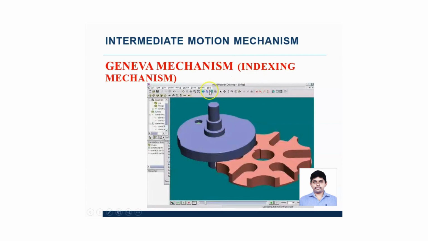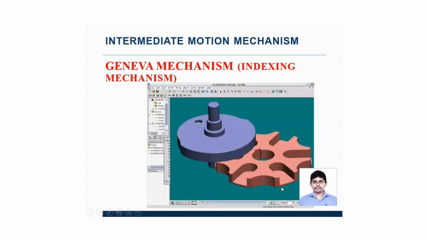Because of this rotation, the disc rotates in the opposite direction. At the same time, this key is locked with the slot, and the slot makes a movement from one point to another point. Only when this disc makes a complete rotation, wherever the slot is, there is an intermittent motion.